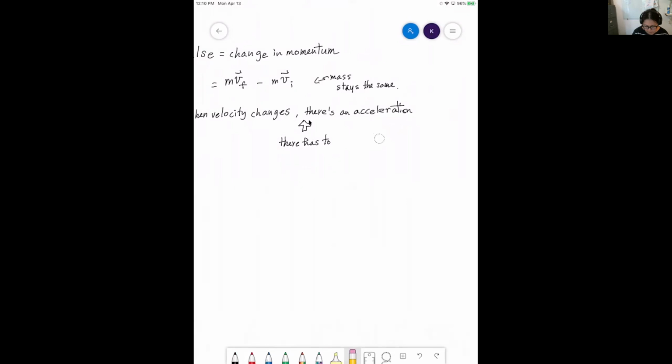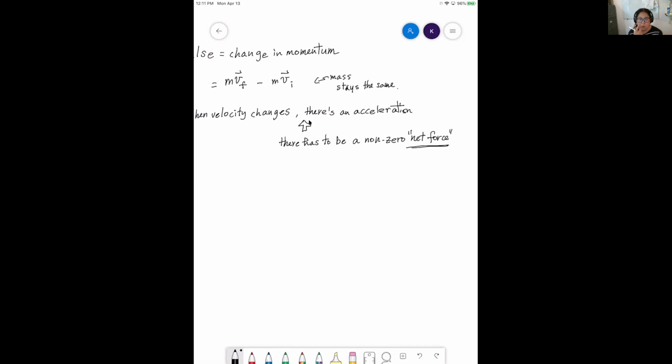There has to be a non-zero net force, by Newton's second law. So when you have a non-zero impulse, you have a change in momentum, you have acceleration, and you have a net force applied. And so you have some kind of a net force applied on an object to have an impulse.